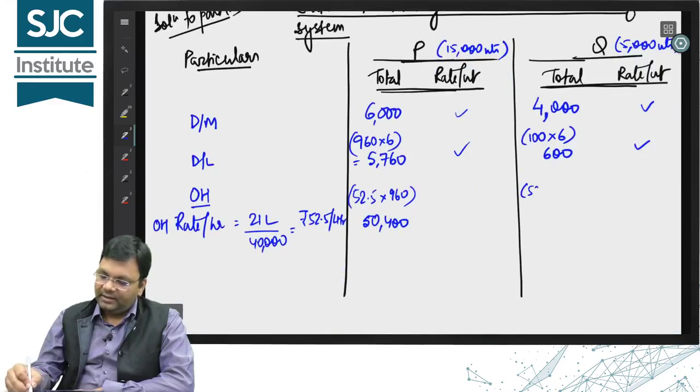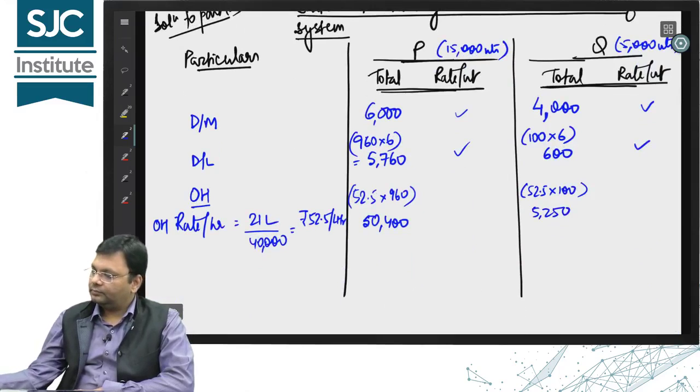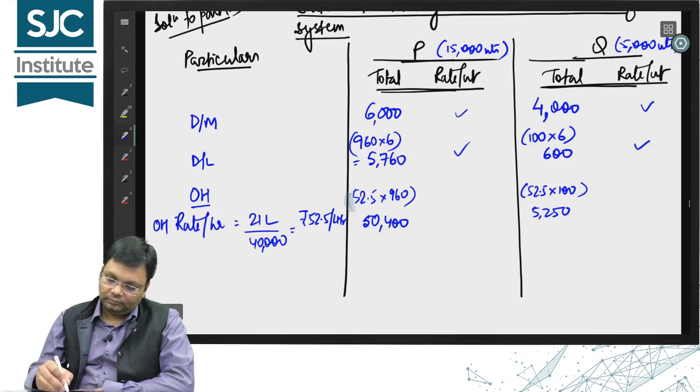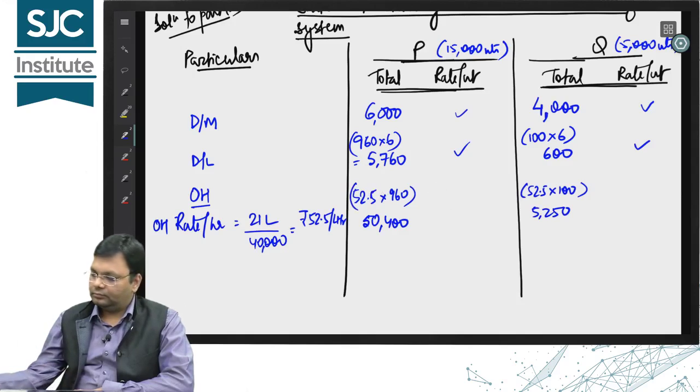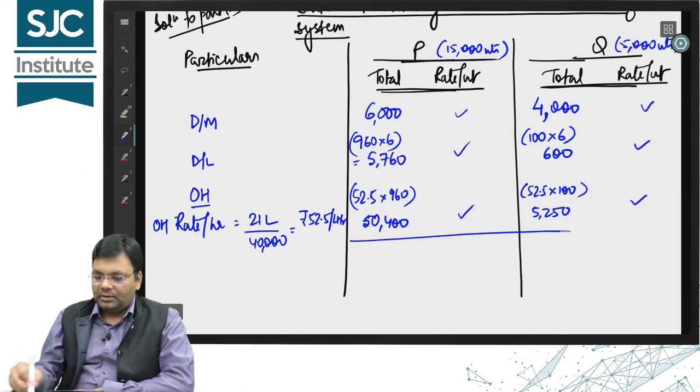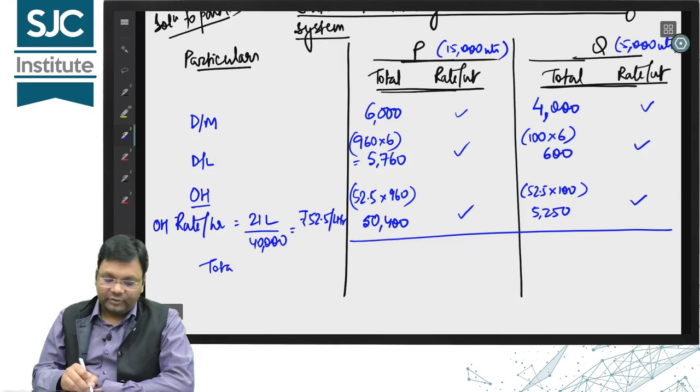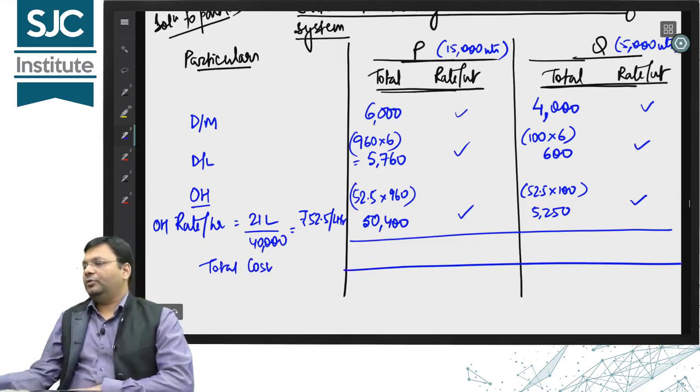And similarly here it is 52.5 into 100, 5250. So now you can put a tick over here. I am waiting for the total answer from you. Please give me the total of both.